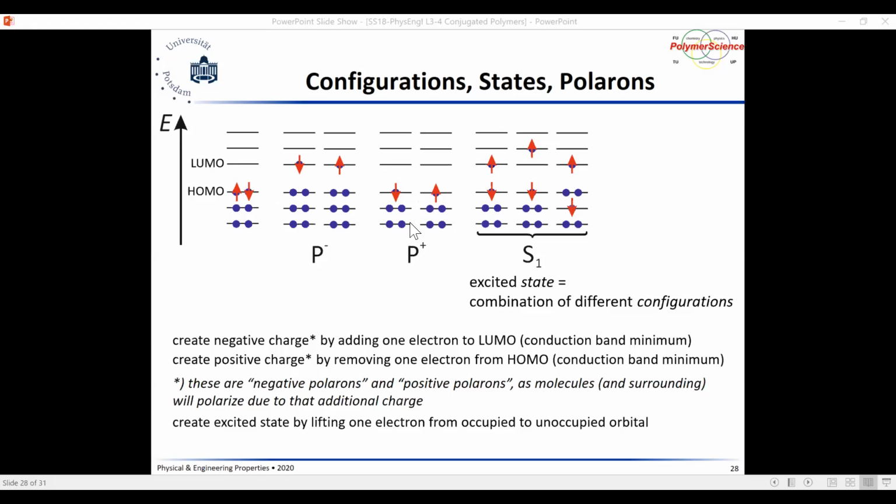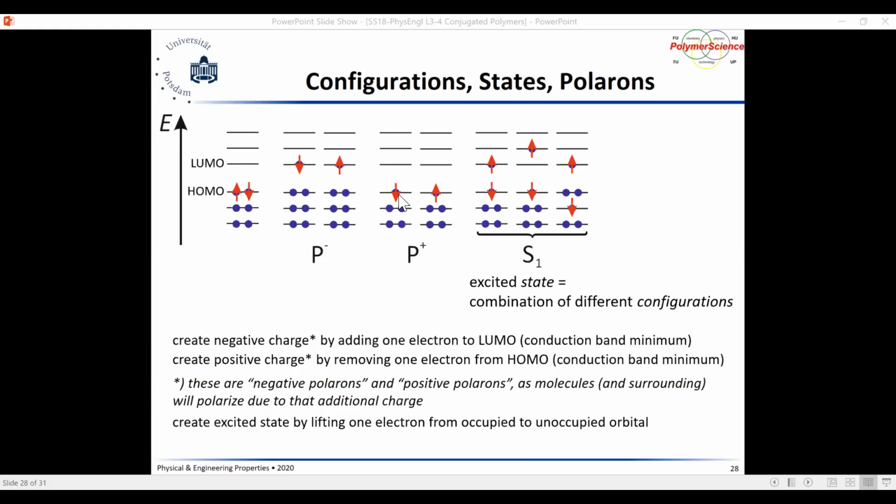When we have an electron put in the LUMO, we have a negative polaron. When we have an electron taken off from the HOMO, we have a positive polaron. And if we have two identical polarons doing the same thing as we do here, it's a bipolaron, so negative bipolaron or positive bipolaron.